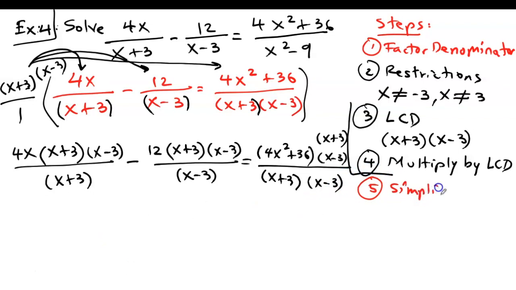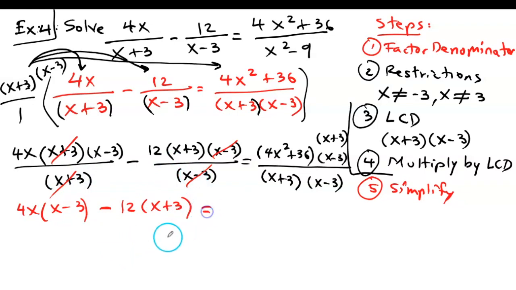That was the idea of multiplying by my LCD. So from here, x plus 3, I cancel. What's left? 4x times x minus 3, minus, here x minus 3, what's left? 12 times x plus 3. Denominators are gone, equals x plus 3, x minus 3 cancel.